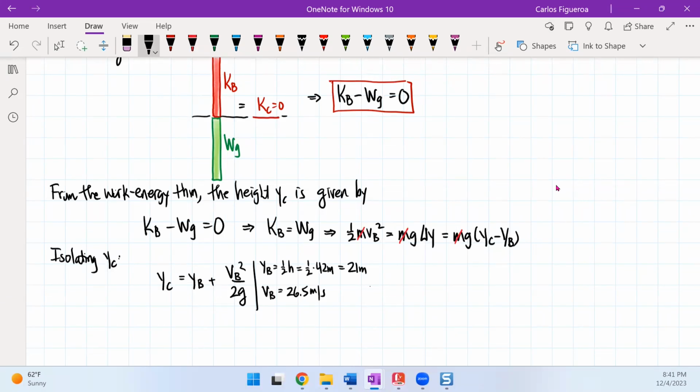So if I plug in these values, I get 21 meters plus 26.5 meters per second squared, divided by 2 times 9.81 meters per second squared. And that number gives me 56.8 meters for the height of YC relative to the ground.